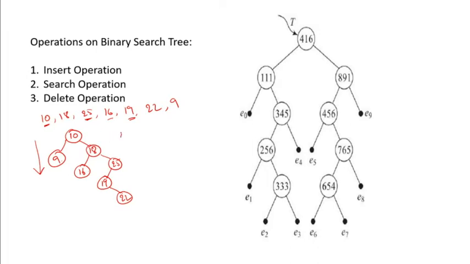So let me write a function insert and I am passing the node value here. Let me take struct node star, let me take node 1 or you can say temp node.